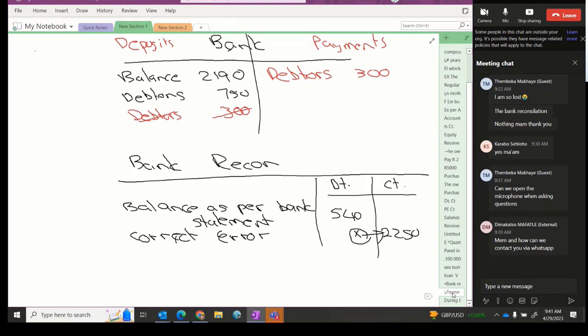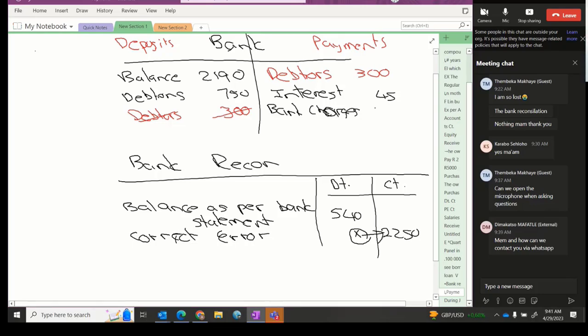It's a payment that you have to make. Interest is usually on its own: interest, 45 Rand. And then the other one, I'm going to write bank charges, the 69 and the 6. So yeah, 2 charges.